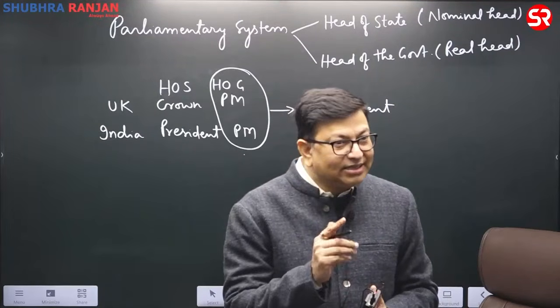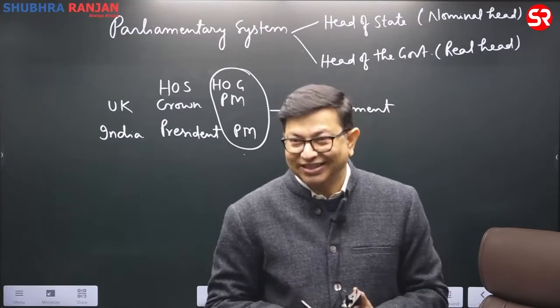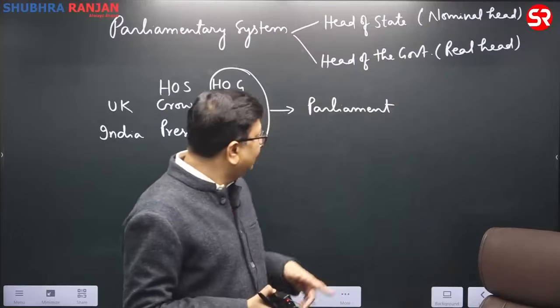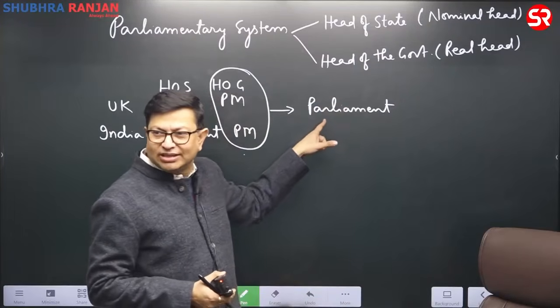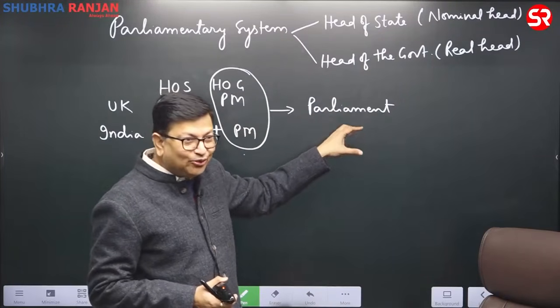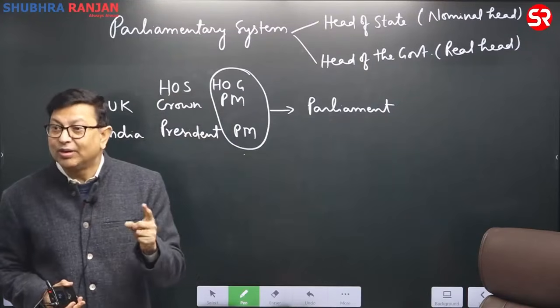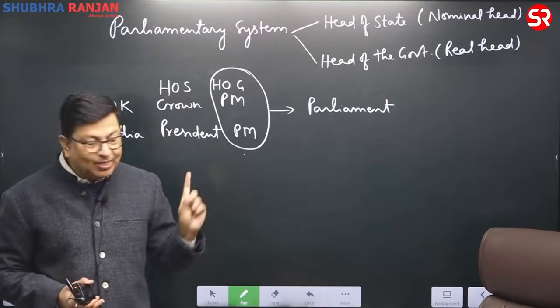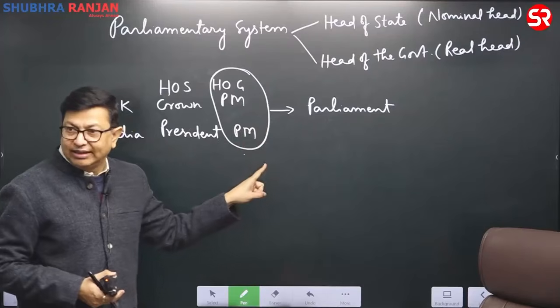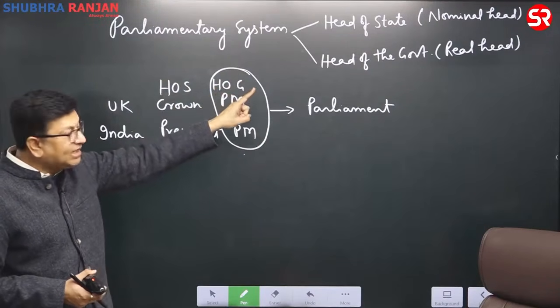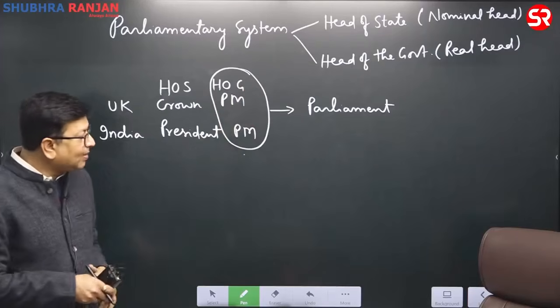The United Kingdom is termed the mother of parliamentary democracy, and there the legislature is known as the parliament. So from there the concept of the parliamentary system evolved. That is why the nomenclature is parliamentary system. This is the first important thing: head of the state and head of the government are two different persons.